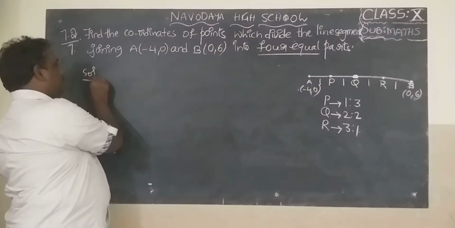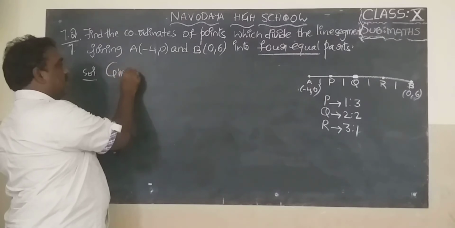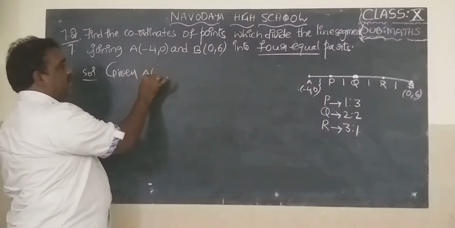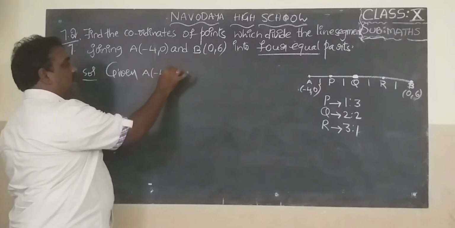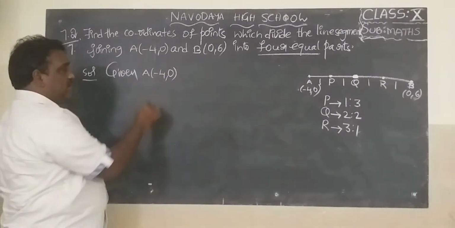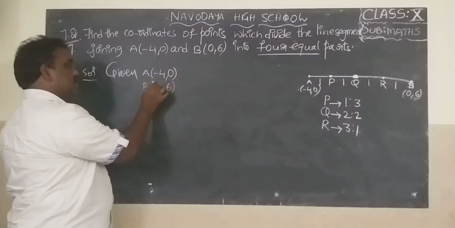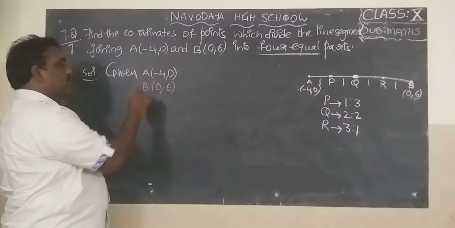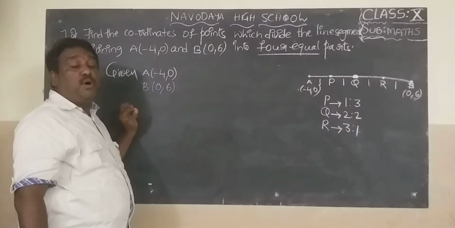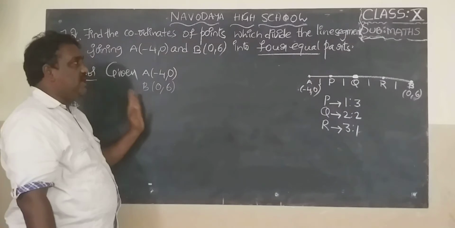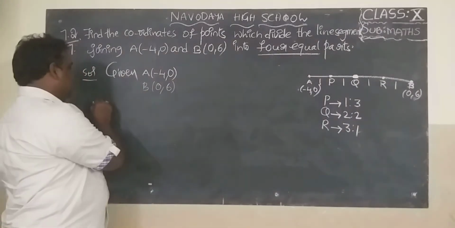Solution. So given, A is (-4, 0) and B is (0, 6). For this sum, I want to follow the midpoint formula. A(-4, 0), B(0, 6). Next line.